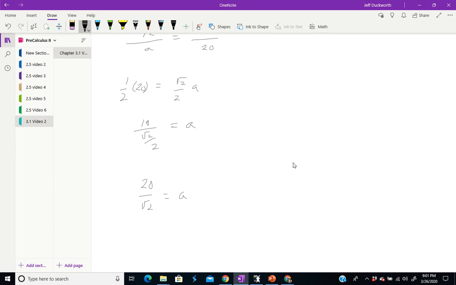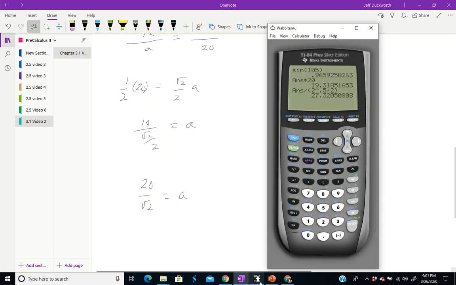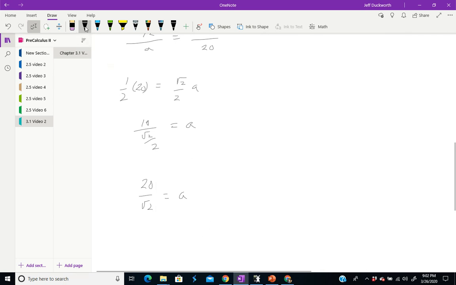Okay, and so we solve for that and see what we get here. So that's 20 divided by root 2. So this is about 14.14. So we have A is around 14.14.